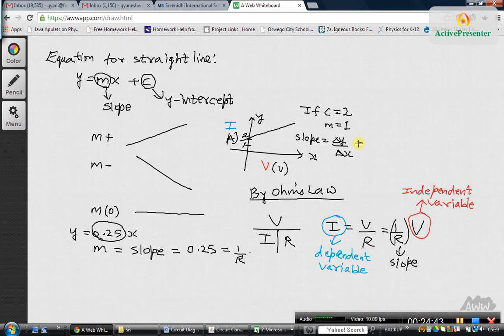So the units would be unit of whatever quantity is on y-axis, which is amperes, divided by whatever is the quantity in x-axis, which is volts. So it's basically current by voltage. Right? And you know that current by voltage is 1 by R, so it would be 1 by ohms, or you can write it as per ohm.